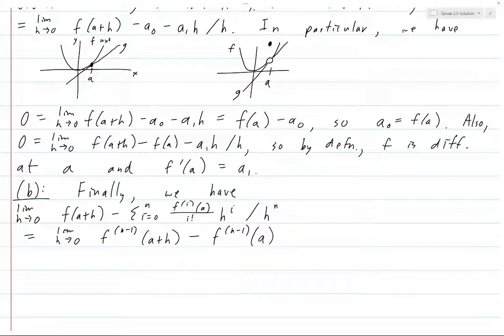And so you get 1 times 2 times 3 times 4, all the way up to n minus 1. However, for this one, since you're only taking n minus 1 derivatives, you only go down to 2, and you remain with a factor of h to the 1. So you technically get 2 times 3 times 4 all the way up to n, but that's equal to n factorial because the 1 doesn't matter. So that's why you get factorials in both of these terms. It's because the 1 in the factorial doesn't matter.